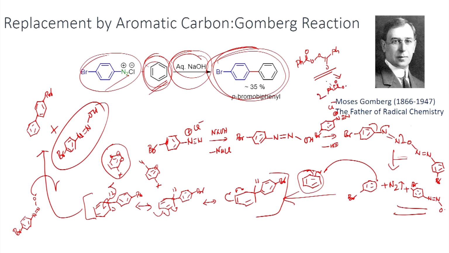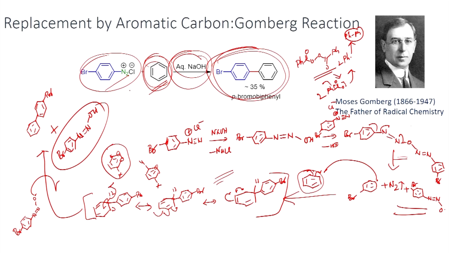This can lose carbon dioxide to give this, this can couple, you will be able to get the biaryl. Wherever you have difficulty in preparation of the peroxide, you can try to use this method. However, as I just mentioned, this also has limitation. You will end up with a mixture of compounds. You have to carry out the reaction selectively with a particular substrate.